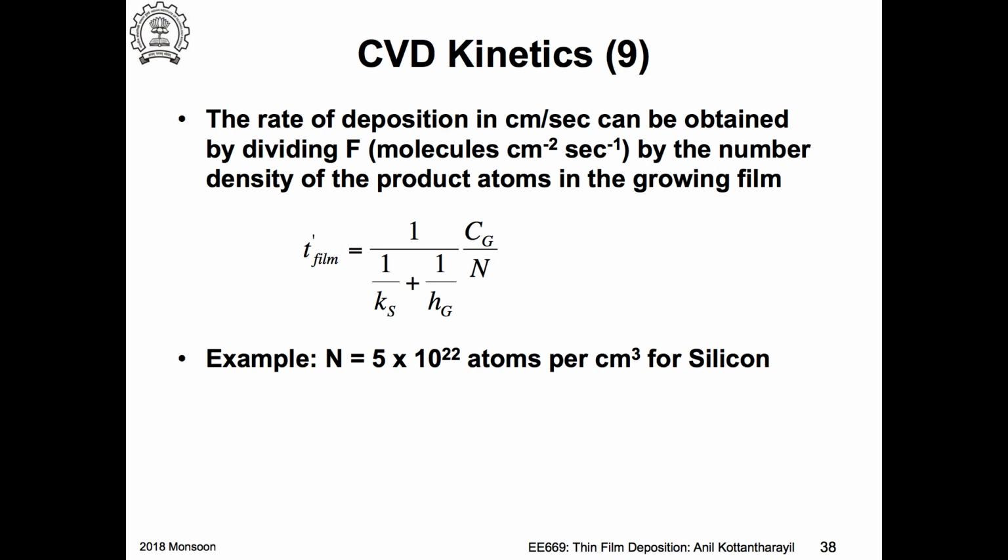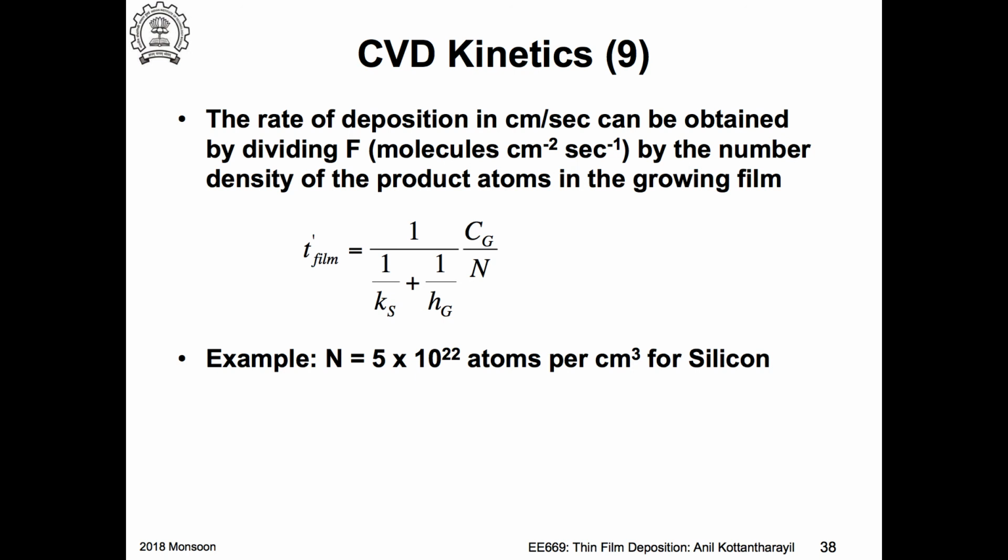This indicates the rate of reaction, and this is the transfer rate, in centimeter per second. Both are similar, right? So you are talking about how fast it is going to happen. But then if Ks is very small, the inverse of Ks is going to be very large, so this becomes negligible.